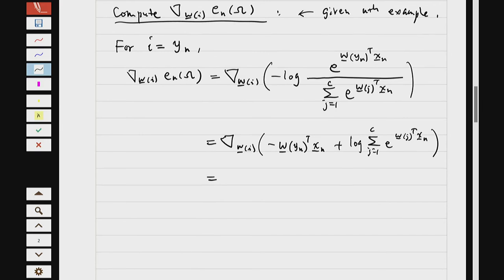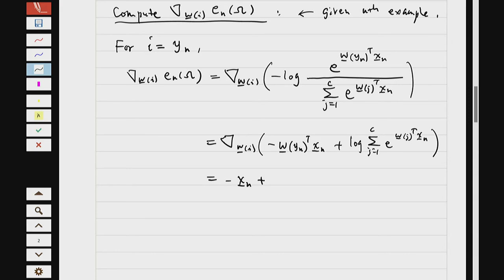Anyway, the gradient of the first term, this wi is the same as wyn. So we have seen this last time, that this simply gives you the vector of xn. So this is minus vector of xn.